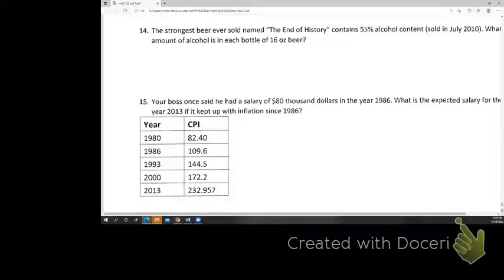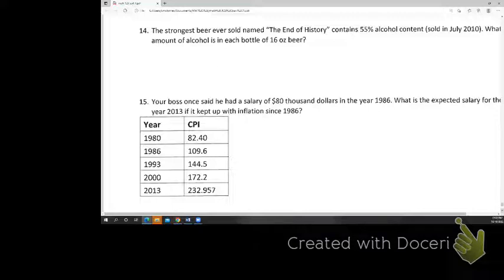We'll go with it. So, the strongest beer ever sold contained 55% alcohol, which doesn't sound much like beer. It sounds more like some hard liquor, right? So, how much alcohol is in each bottle of 16-ounce beer? Well, let's place the things we know.